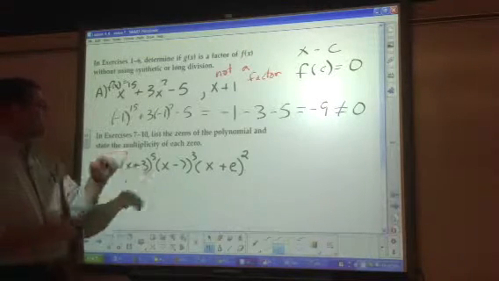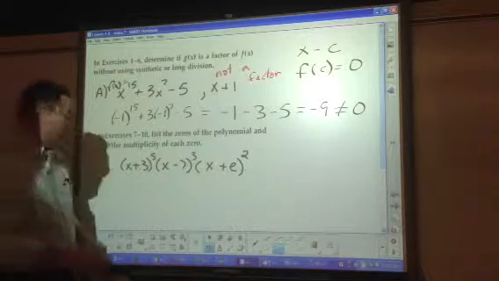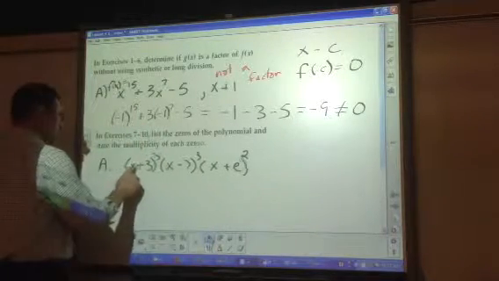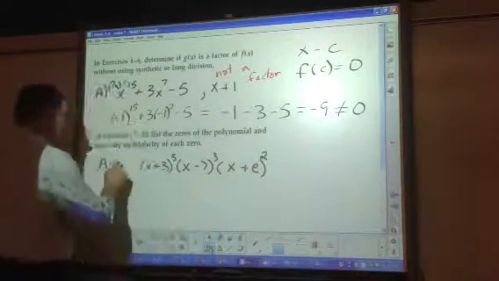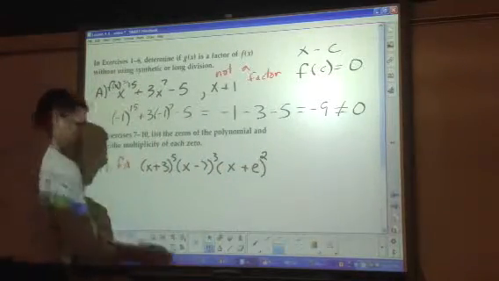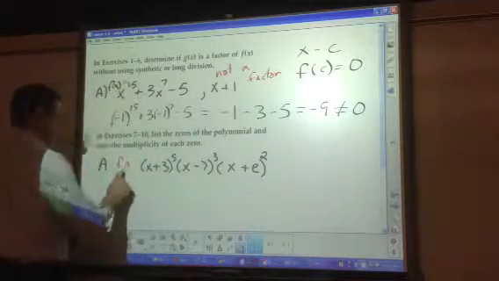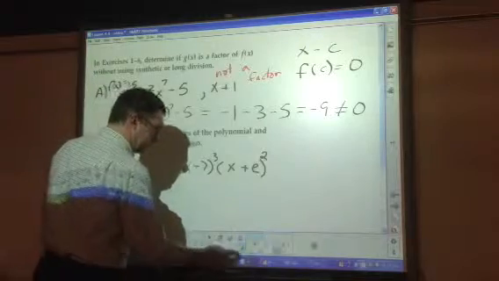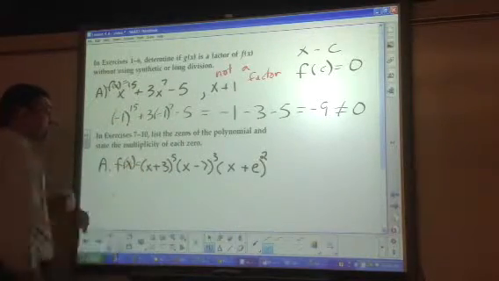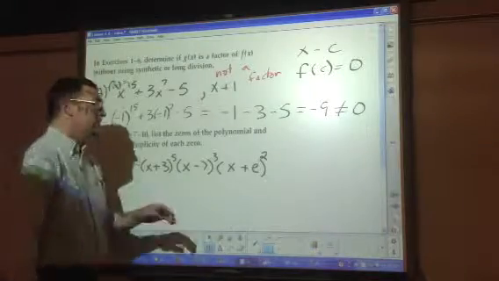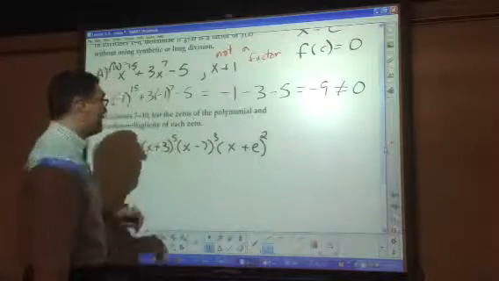Here we want to list the zeros of the polynomial and state the multiplicity of each. So our function here, f of x. Multiplicity is basically the degree of the factor.